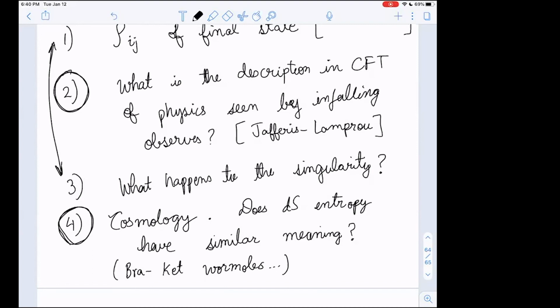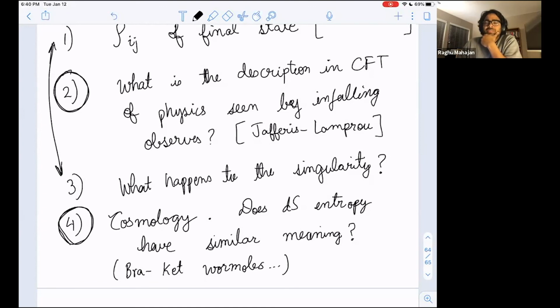However, the Lorentzian one that you are doing doesn't seem to explain that, and I'm not sure why. Explaining the fact that the Page curve comes down.